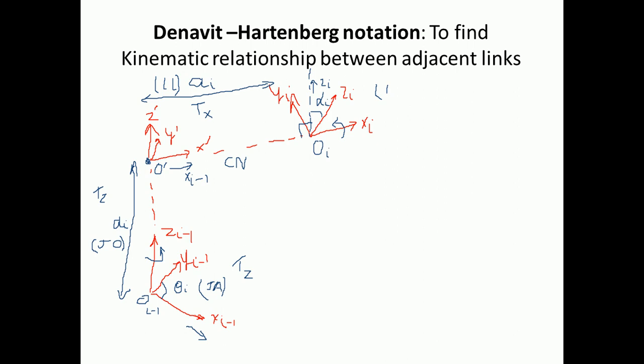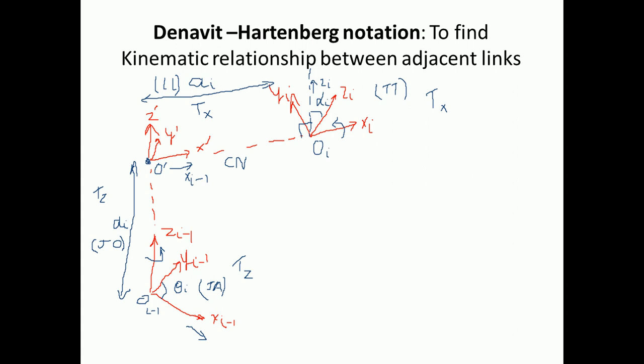Now the homogeneous transformation matrix is written in such a manner that we perform rotation about x. After this, I am going to write the whole equation.